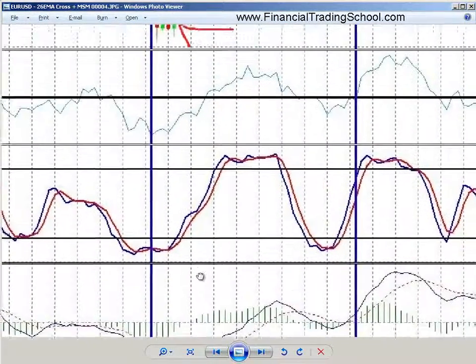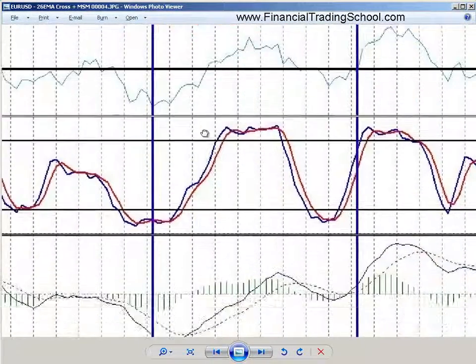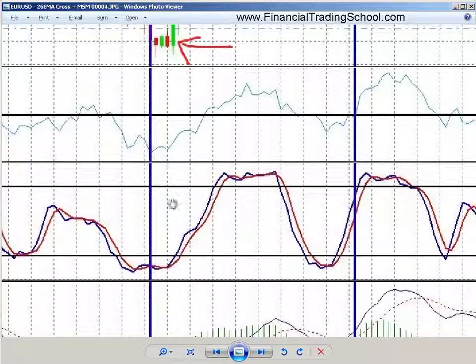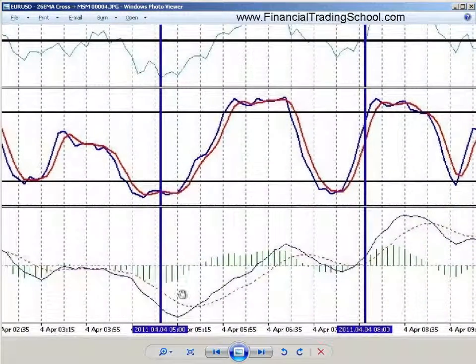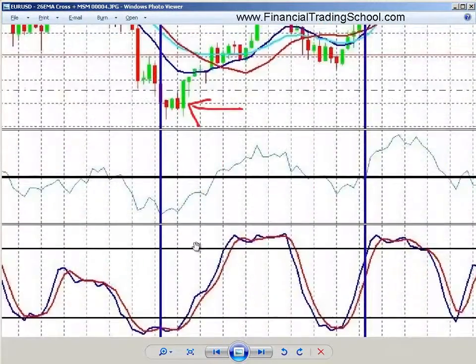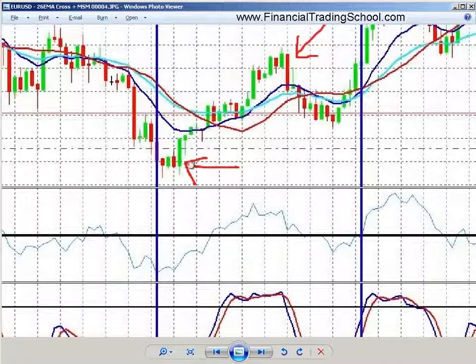So for the first one, this engulfing candle right here, you can see if you dot all the way down, this stochastic crossed up and this MACD is about to cross up, so that's an indication of reversal. So that's just confirmation for the fact that this green candle engulfs the previous red candle.